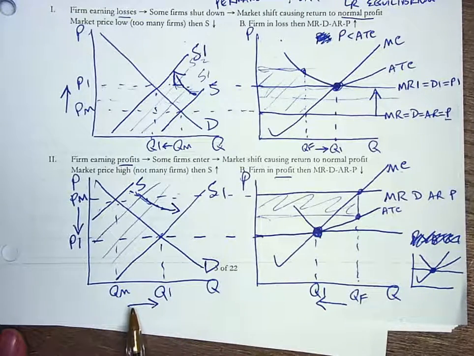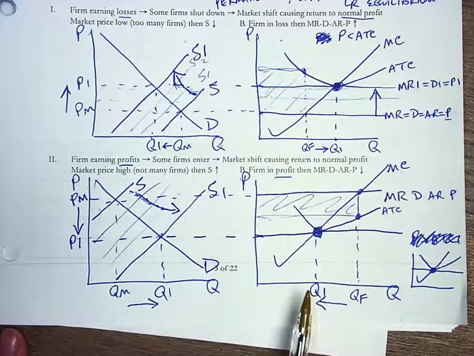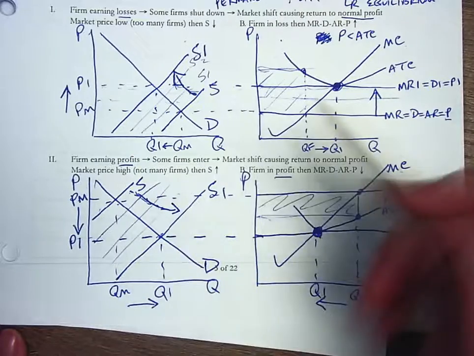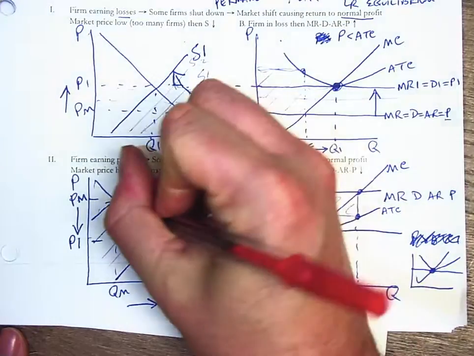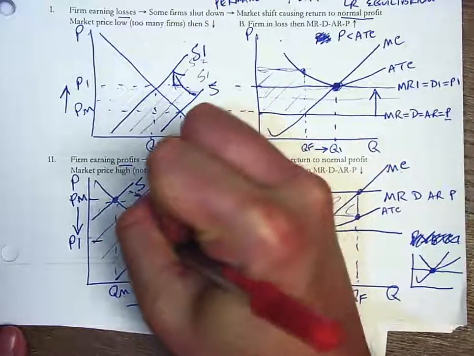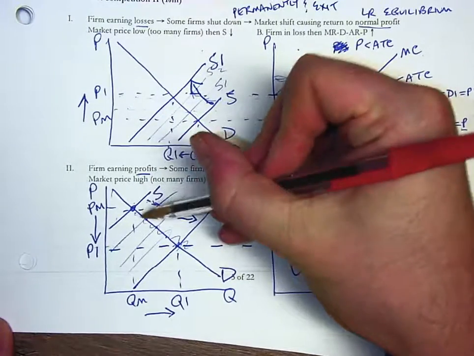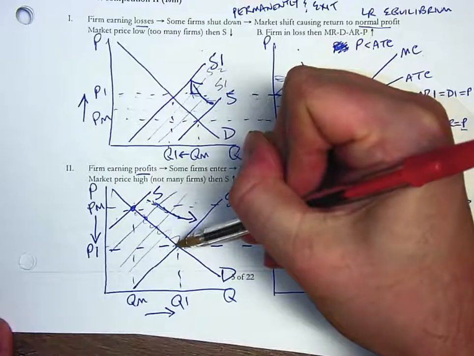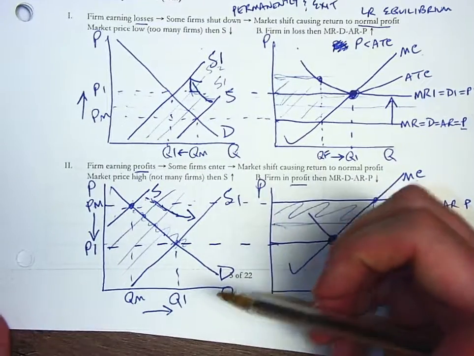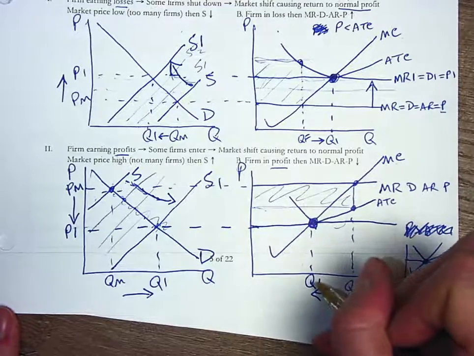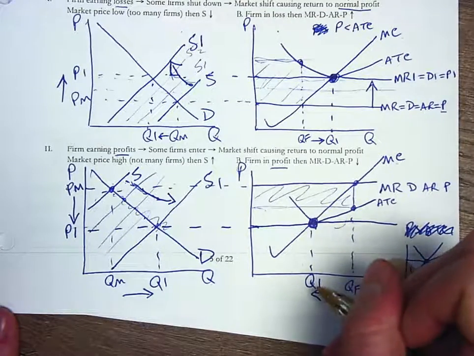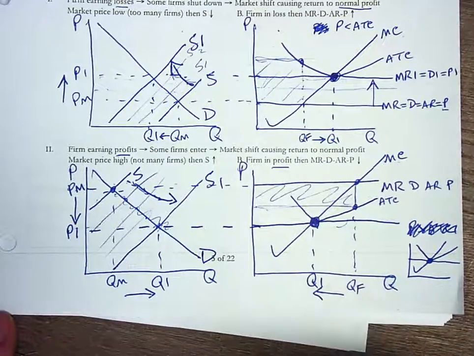So overall there's more, but fewer for this firm. That's because the overall customer base is getting larger as the quantity demanded goes up. You're getting more quantity demanded, but at the same time, each individual firm is getting fewer and fewer customers, because you're splitting up those customers among more and more firms.